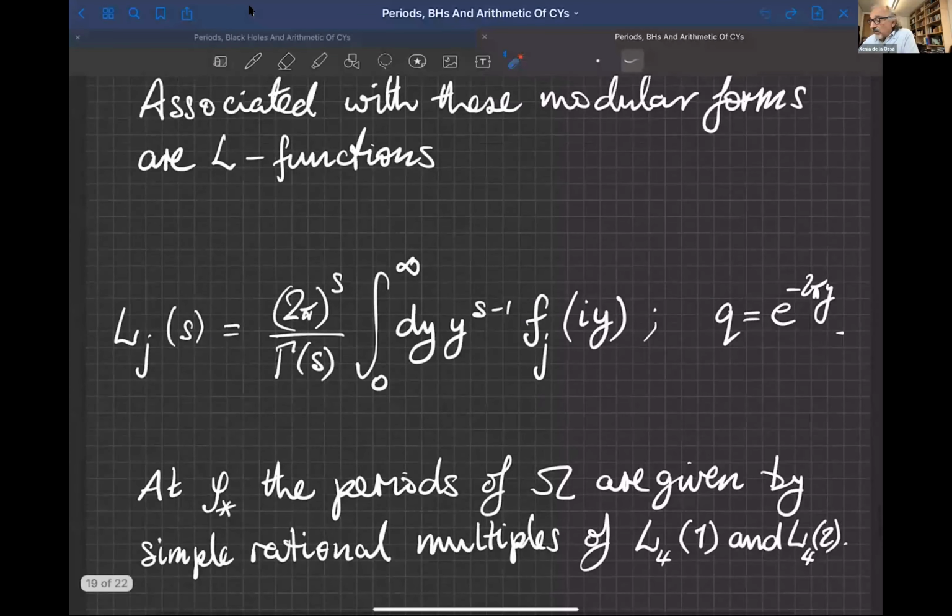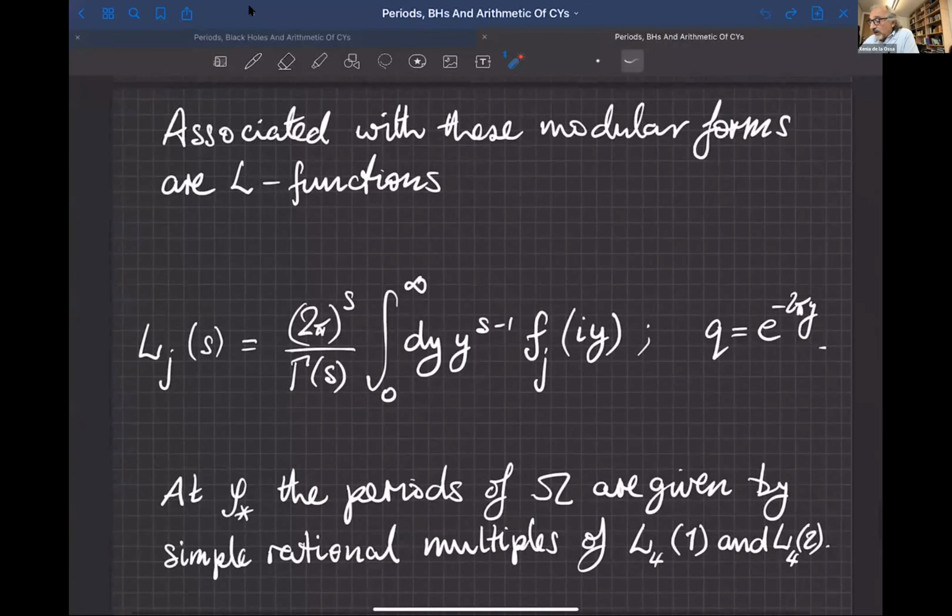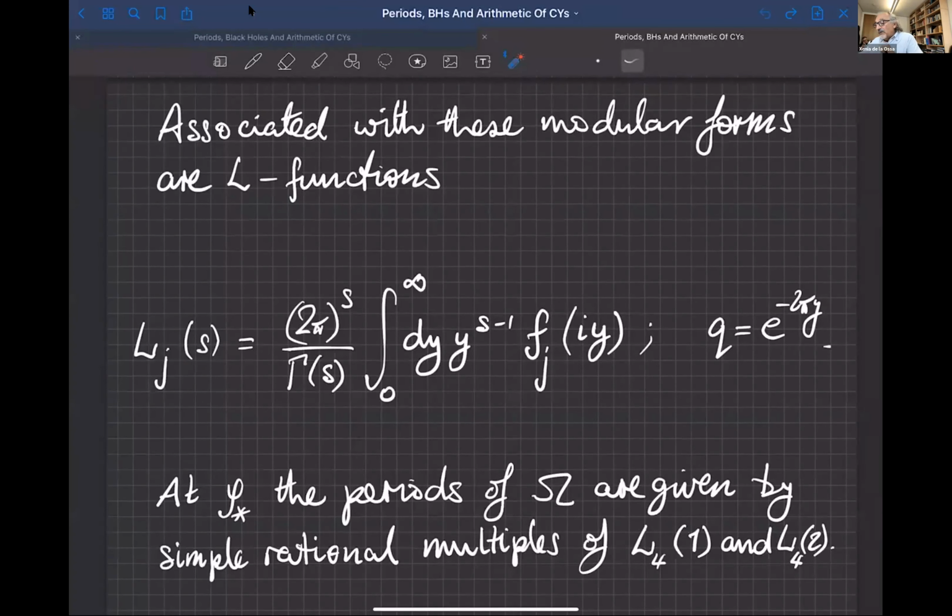Associated with the modular forms are L functions. So given the modular form F, written as a function of τ, q is e^(2πiτ), then if you take τ to have imaginary values, so q is e^(-2πy) here, and you take this integral, so I guess that's a Mellin transform of the modular form, it gives you what's called the L function.